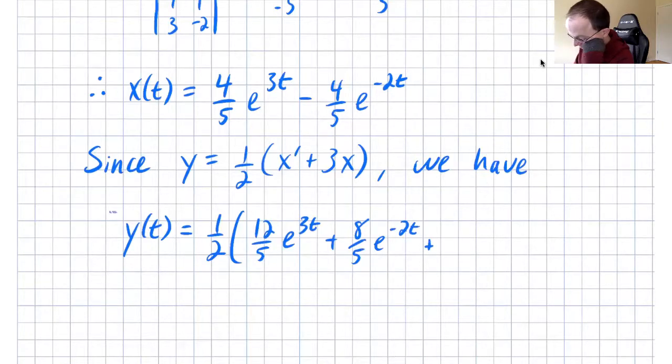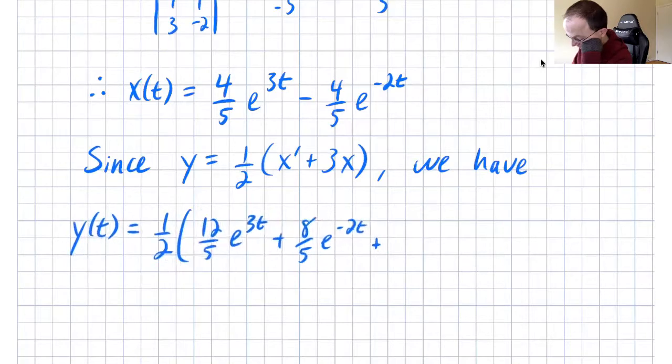So this is going to be 3 times x, so 12 over 5 e to the 3t minus 12 over 5 e to the negative 2t.